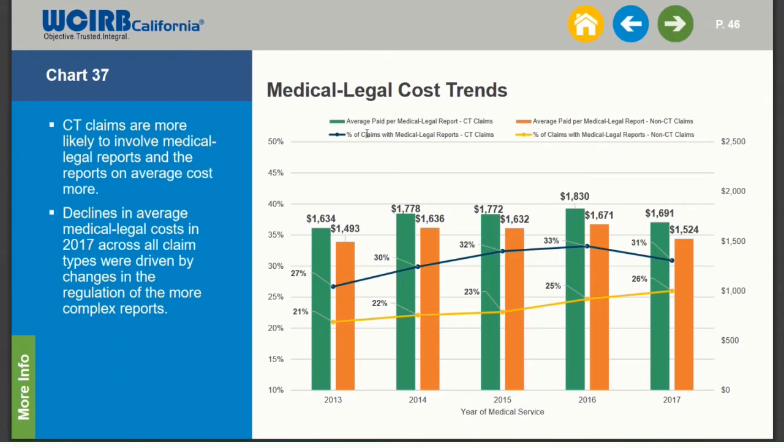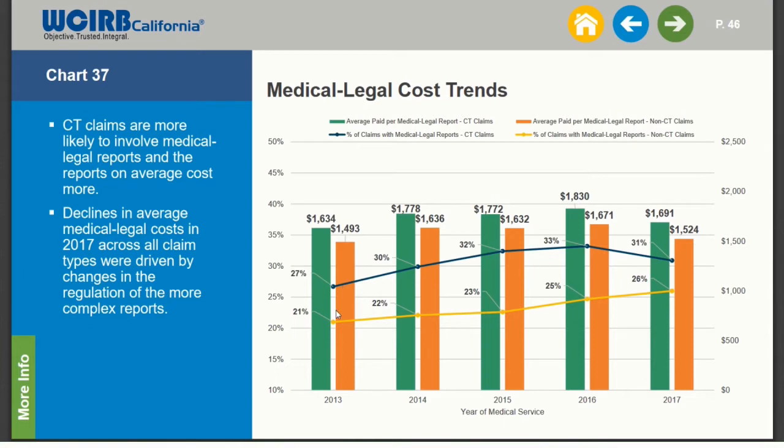So in green, we have cumulative trauma injury claims, the average amount of money paid per medical legal report, and you can see across all years, the cost of medical legal reporting for cumulative trauma injury claims exceeds the cost for specific injury claims, which are identified here in orange.